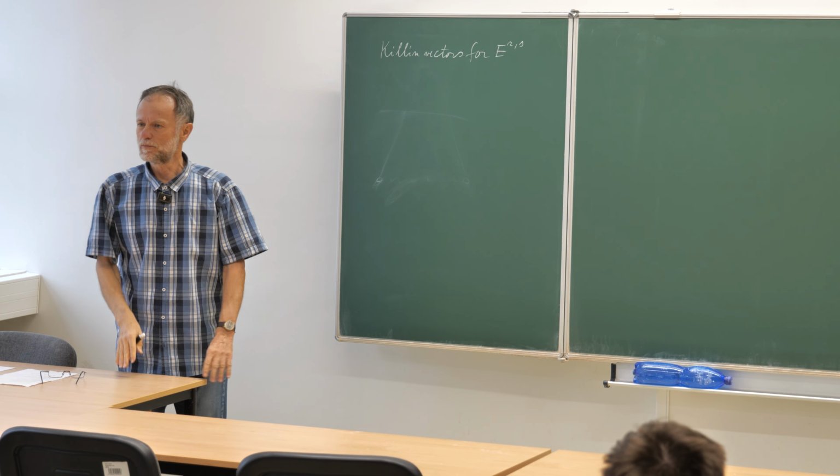So we are going now to generalize from E2. We did E2 in particular, already done. You remember that we found that in E2, in the standard Euclidean plane, there are 3 Killing vectors. One of them produces rotation about the origin, and the 2 others produce translation in the x direction and y direction.